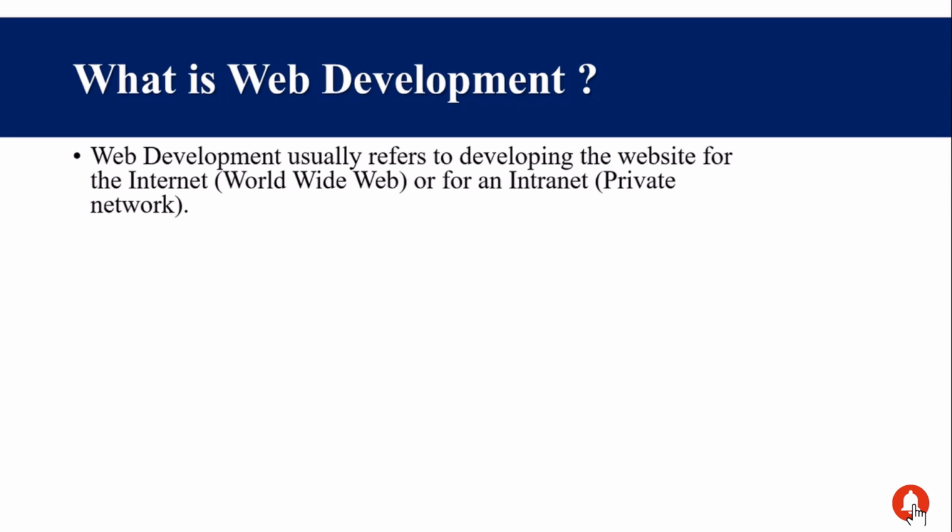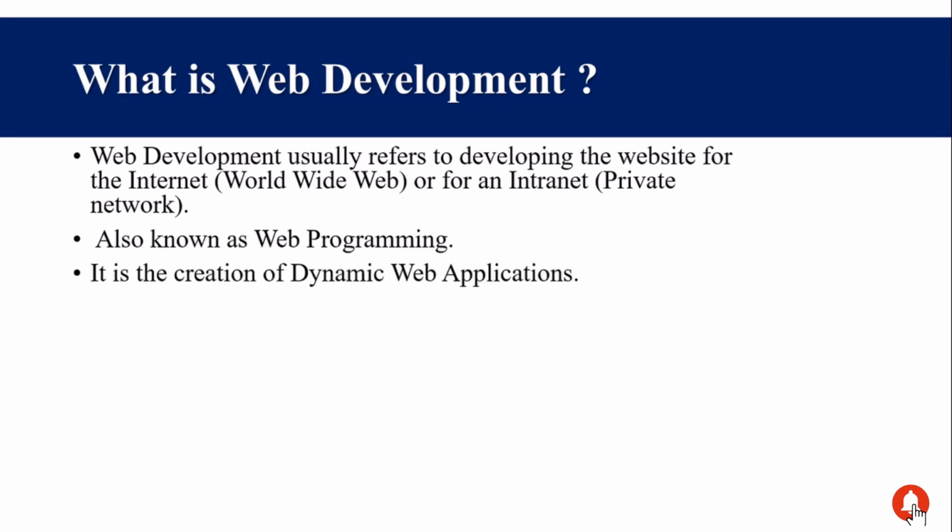Intranet is a private network. So web development is developing a website for two areas, the internet and the intranet: an open network and a private network. This is also known as web programming. It is the creation of dynamic web applications.